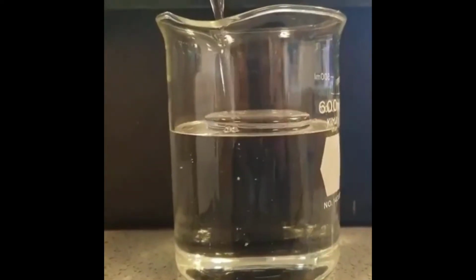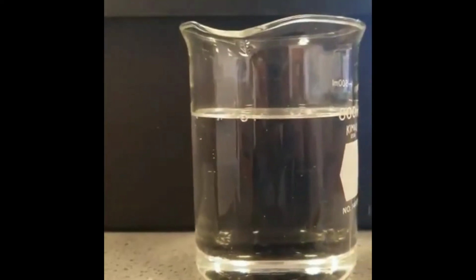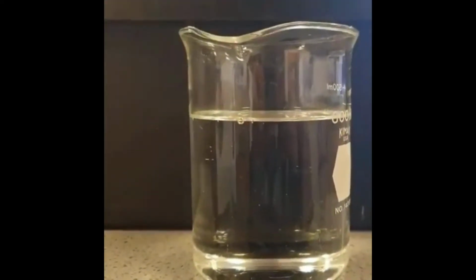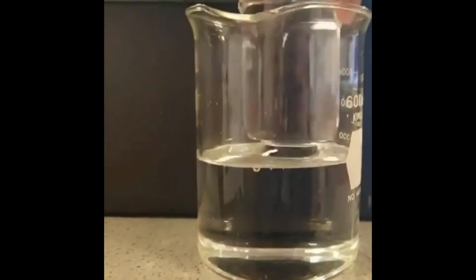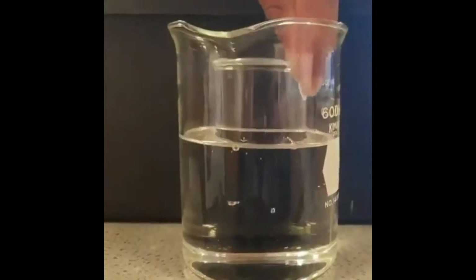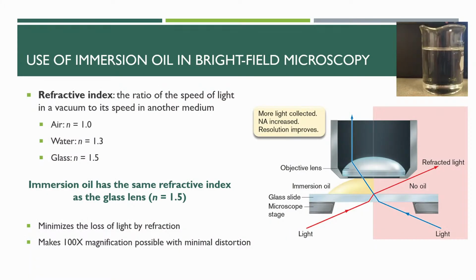When the oil is poured in a glass beaker, because they have the same refractive indices, the beaker that's on the inside becomes invisible because you don't lose that light. Does that make sense? Okay.